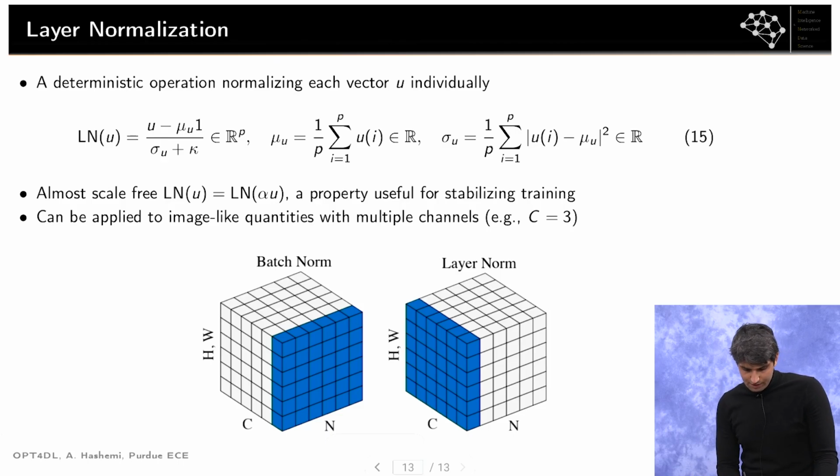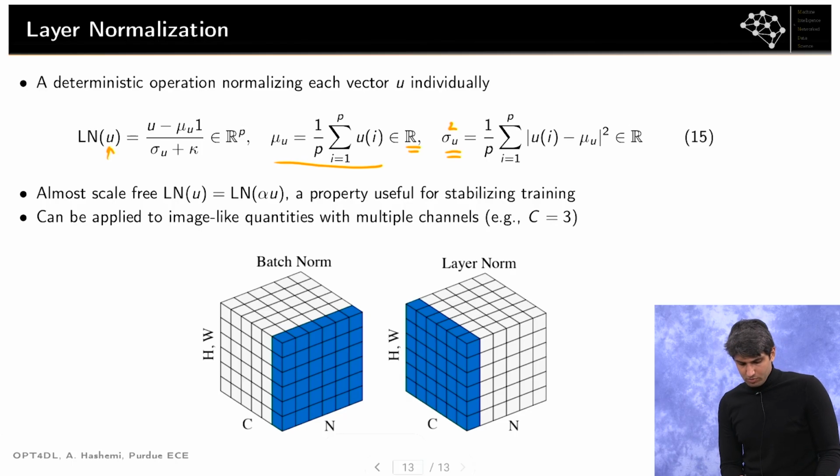So let's imagine that I have a specific vector u, like some activation vector. I'm going to calculate the mean of the coordinates of this vector. Therefore, this mean is now going to be a scalar as opposed to the mean vector that we found in batch normalization. We're also going to calculate the variance, sigma squared, or the empirical variance.